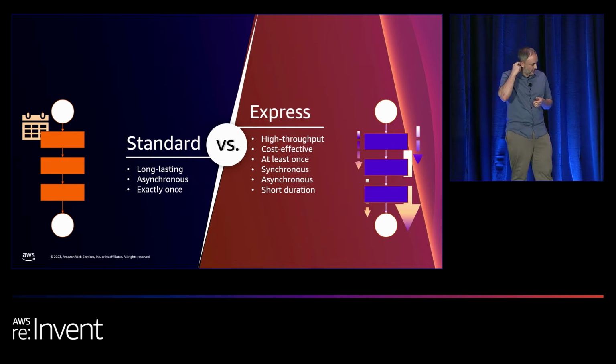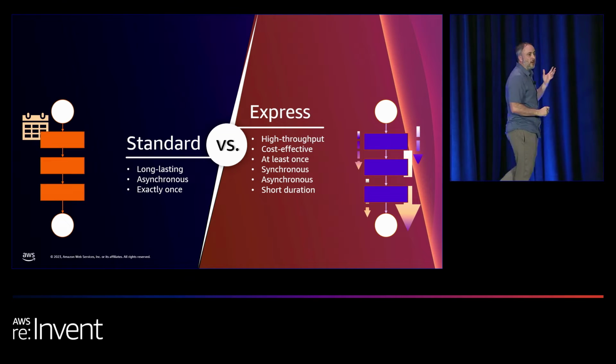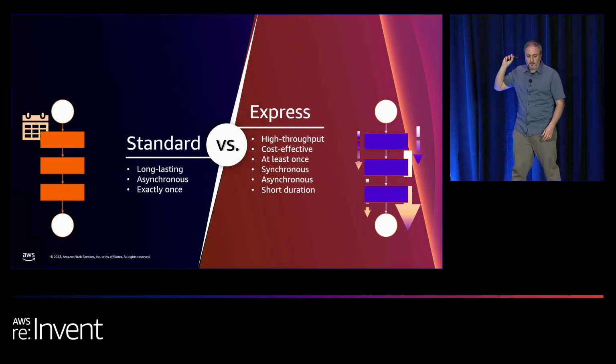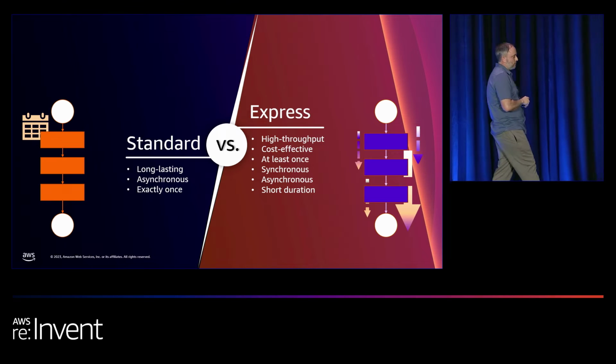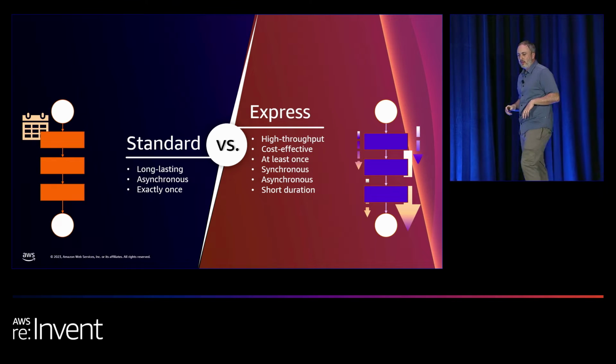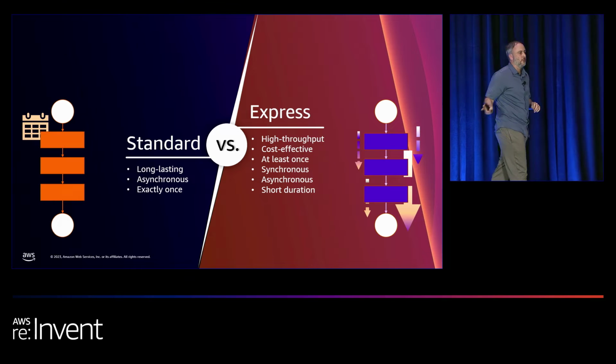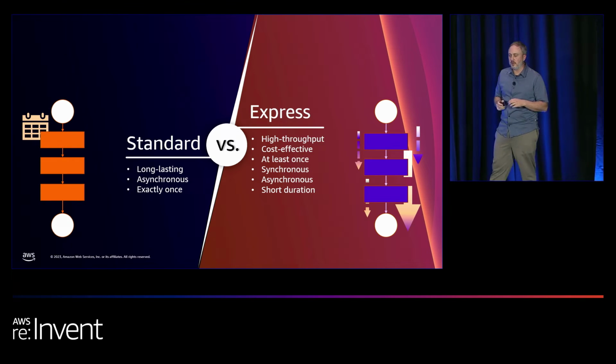So Standard workflows, they're the original Step Functions workflow. They're long-lasting. They run for up to 1 year, in fact. They're asynchronous. They have an exactly once execution model, so you can be sure there's no duplicate invocations with the same payload. Express workflows, higher throughput, so it transitions through the individual states much faster.